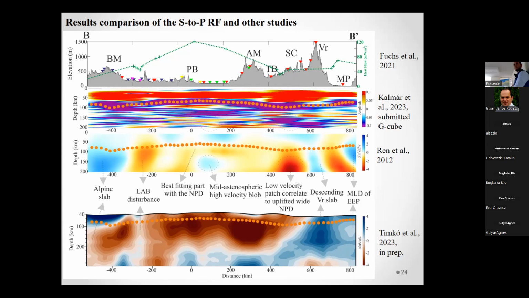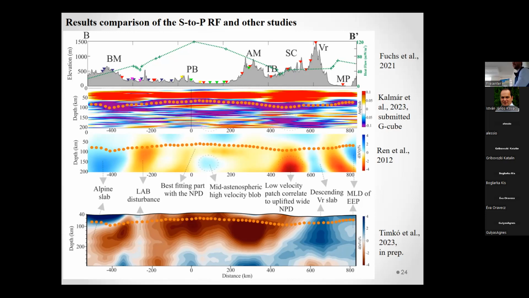You say that you have this cold geotherm also towards the Transylvanian basin. So that could also be a kind of remnant. Of course. Okay, a remnant, because you say that they are linked together. Good question. I am not a geologist, so we'll discuss it. Okay, thanks. I am a seismologist, so sorry for that.